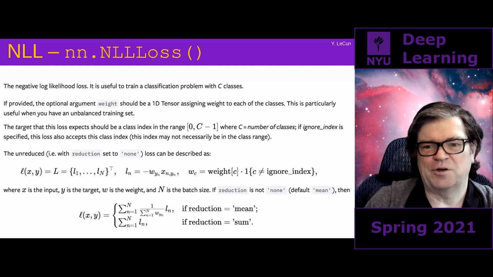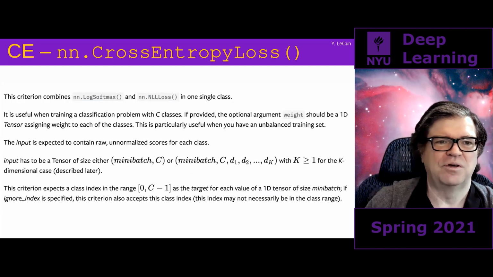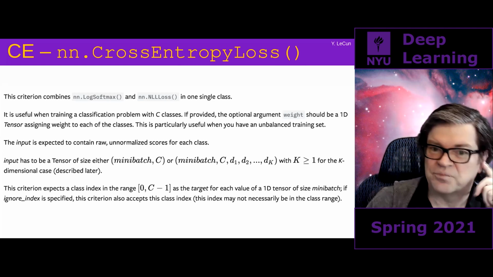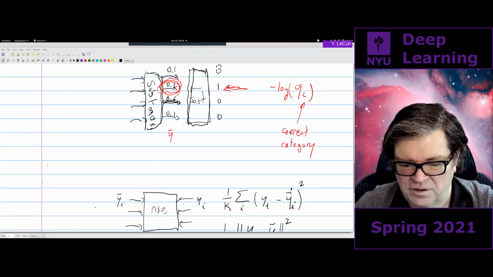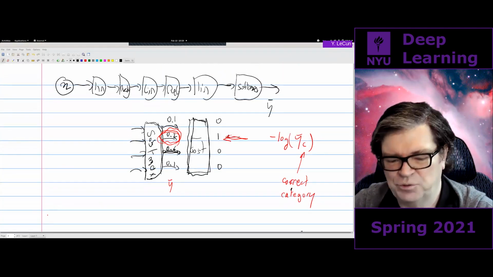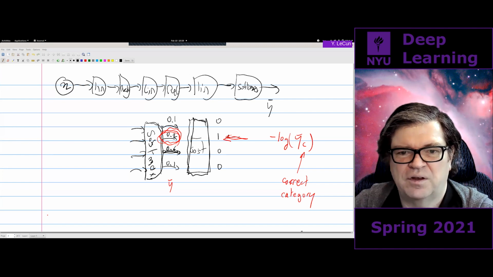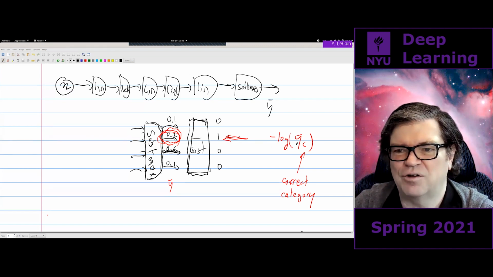And if the outputs come out of a softmax, we can reduce this into a single function, which is the log softmax. I explained that earlier. We want to make the correct output as large as possible, and the way we do this is by minimizing the negative log of it, which is the negative log likelihood, if you want, of the correct category.